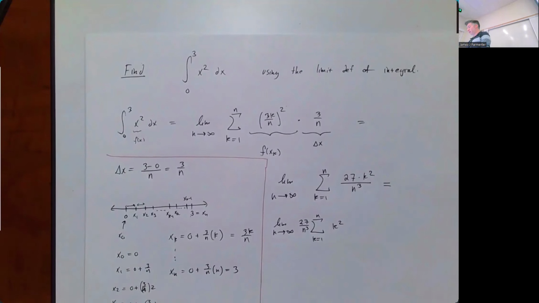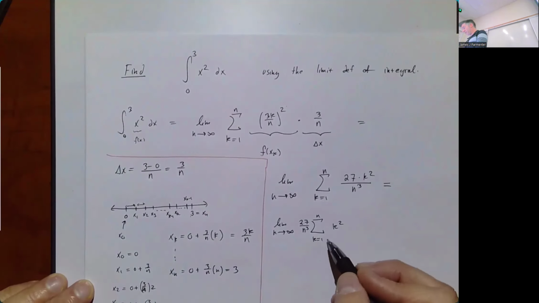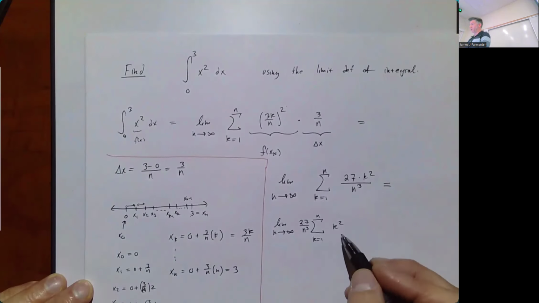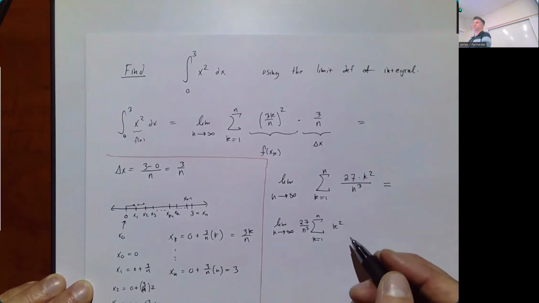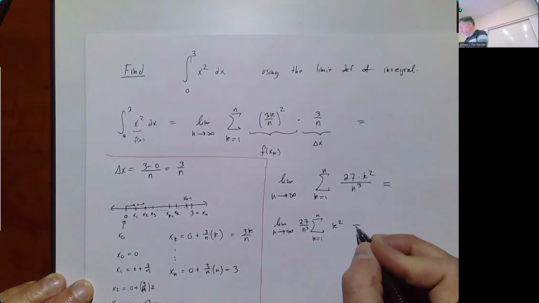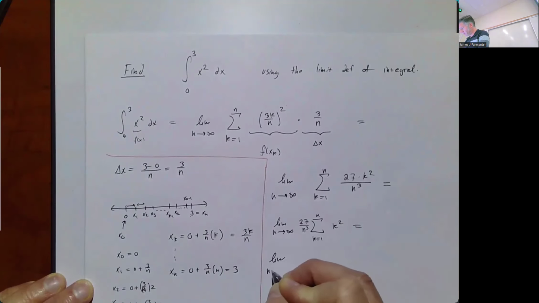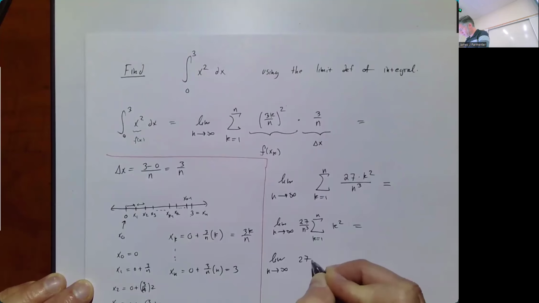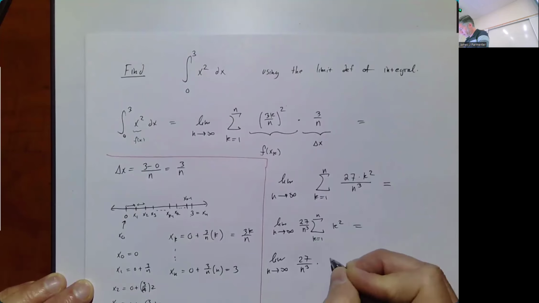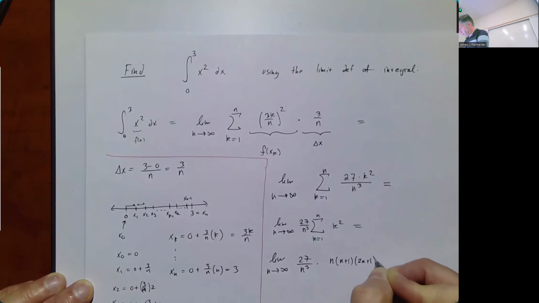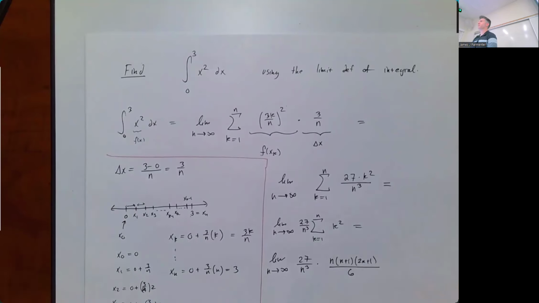The formula for the sum of the first n squares, 1 squared plus 2 squared plus 3 squared plus 4 squared plus all the way to n squared, that's just going to be n times n plus 1 times 2n plus 1 over 6.